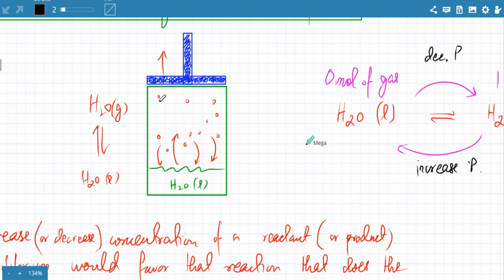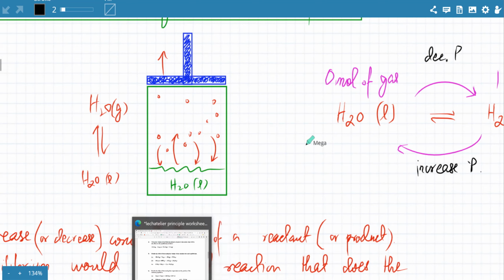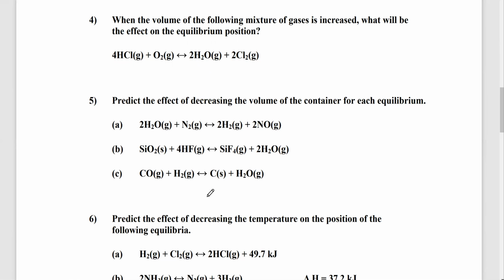If you go to the side with more gas, that'll give it even more gas, and that's what you want here. So it's going to go to the one on the left, where it's got five moles of gas, because you're increasing the volume. You have more volume, so more gases could be formed. Okay, is that clear?